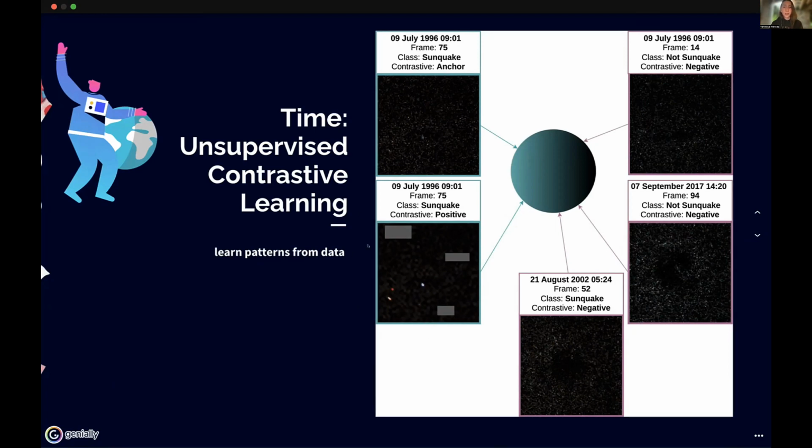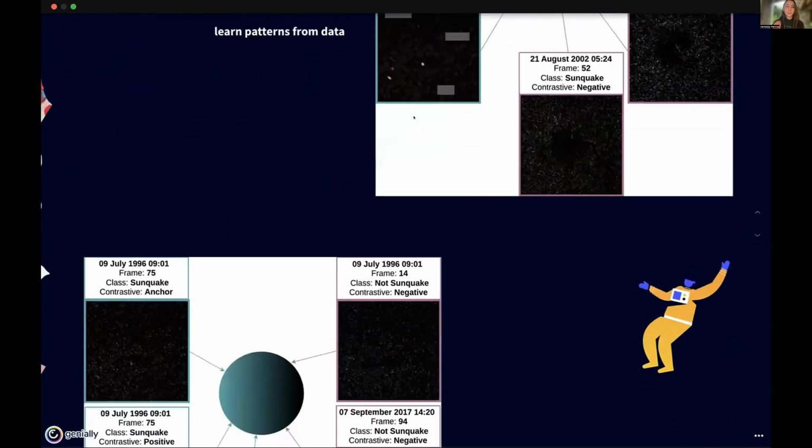So you see random erasing or increasing intensity or blurring and so on. And then we try to minimize the distance between the resulting vector, after applying the convolutional neural networks, of the original image and the resulting vector of the augmented image. By that, we force the model to pay attention to the variously transformed areas of the image. And again, in this way, we learn patterns from the data.